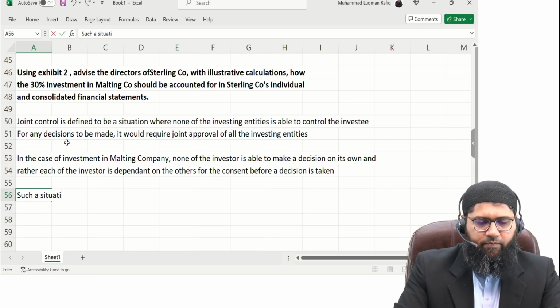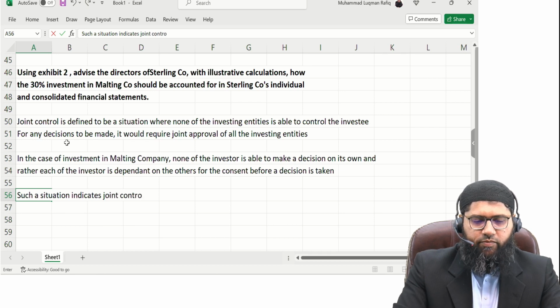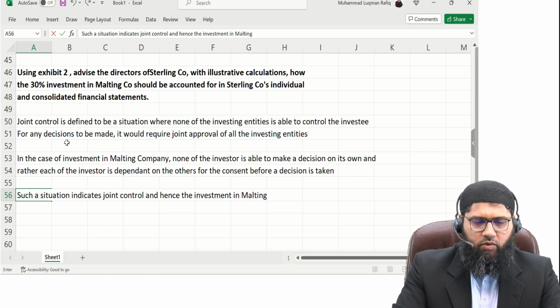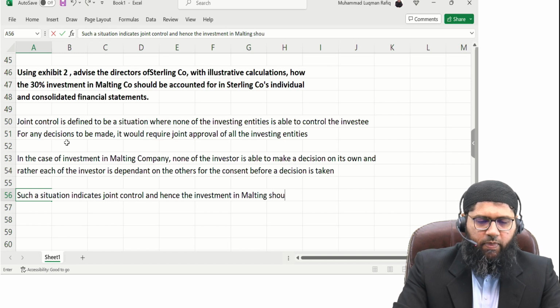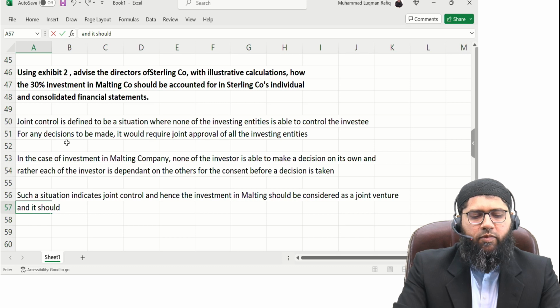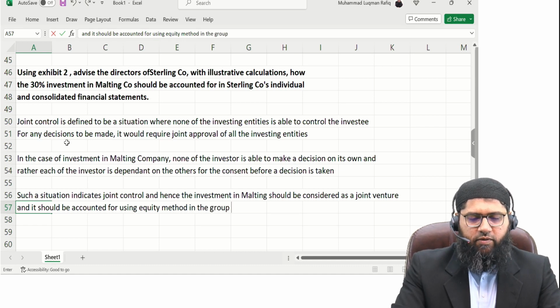Such a situation indicates joint control, and hence the investment in Malting Company should be considered as a joint venture, and it should be accounted for using the equity method in the group financial statements.